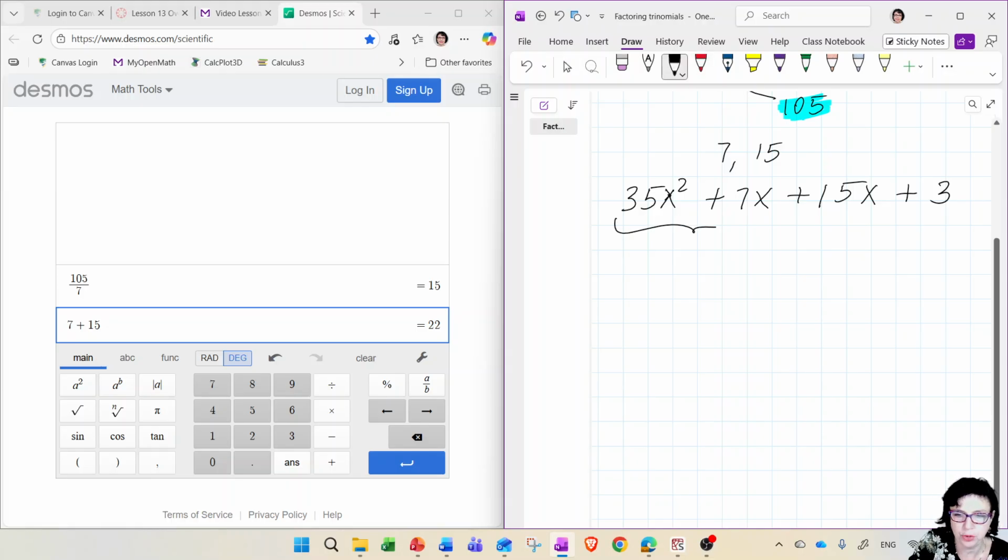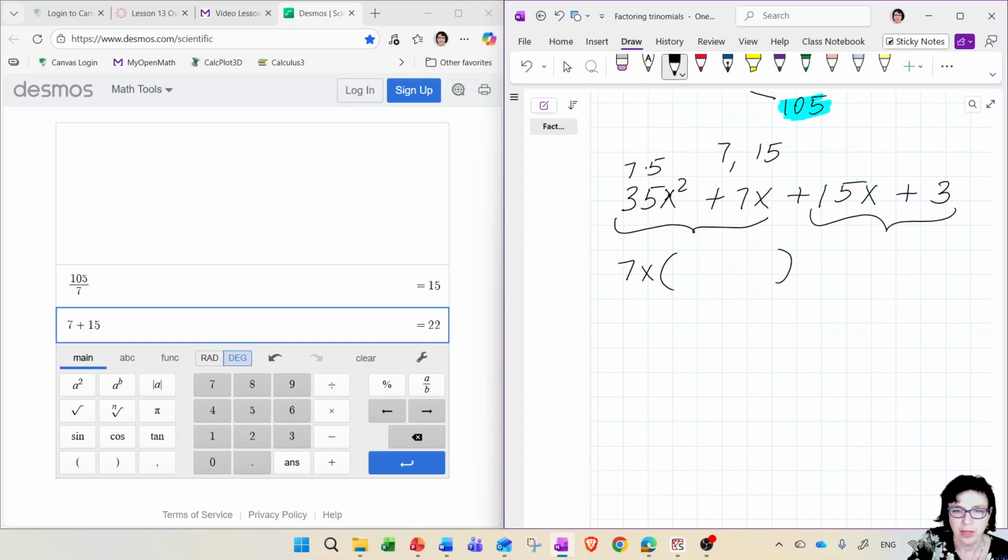Let's look at these two terms and these two terms. What do the first two terms share? Well, 35 is 7 times 5. And then we have x squared and x, so they share an x. Looks like we can factor 7x from the first two terms. Then what's remaining? If we take out the 7, we have a 5 left. And in x squared, one x is gone, the other one is still there.